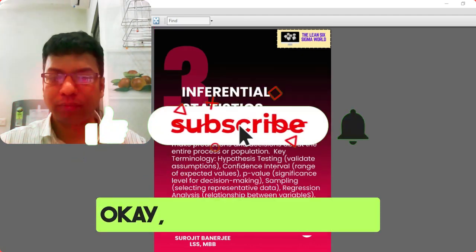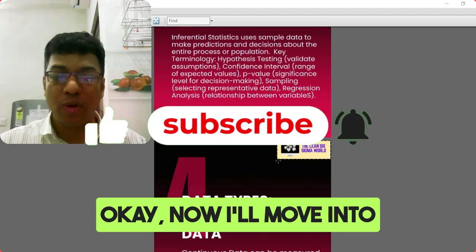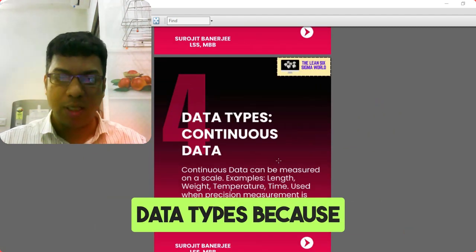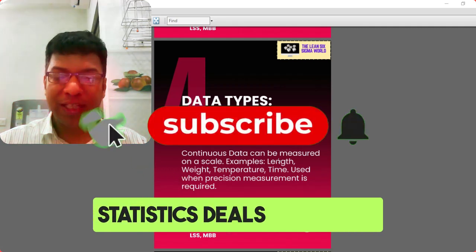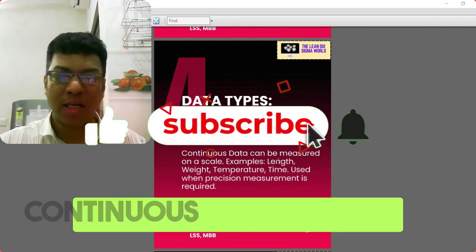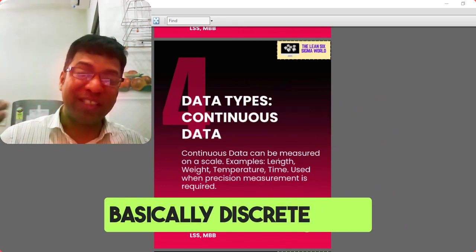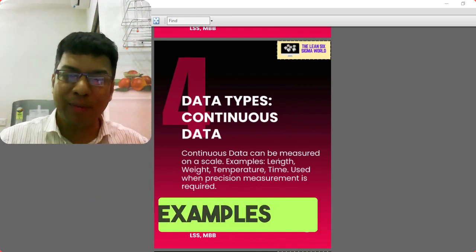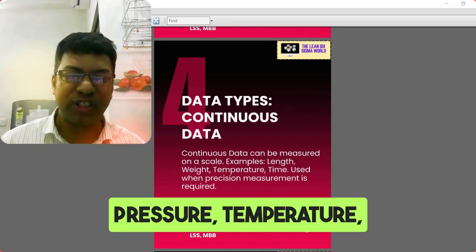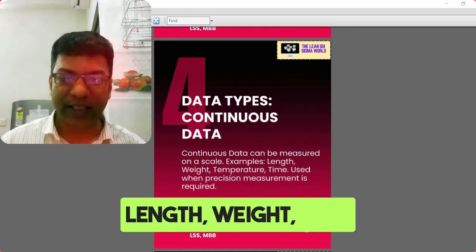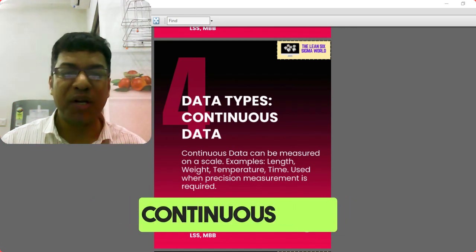Okay. Now I'll move into data types, because in statistics we deal with data. There are two types of data: continuous data, also called variable data, and discrete data. Continuous data examples are pressure, temperature, length, weight, time. Why?